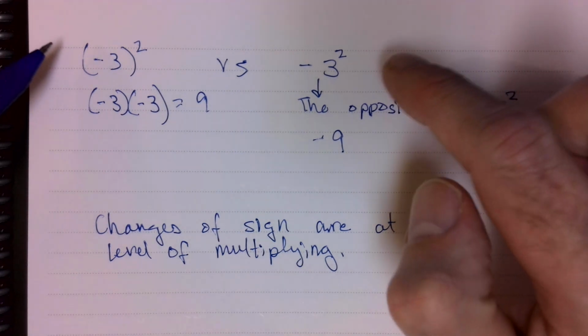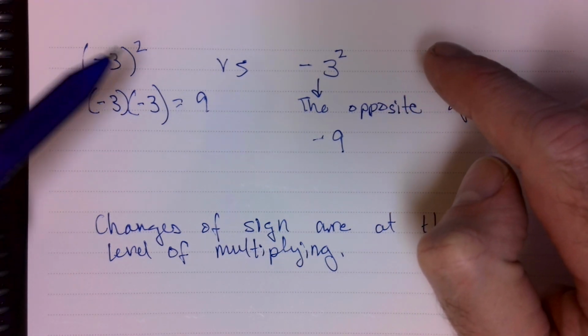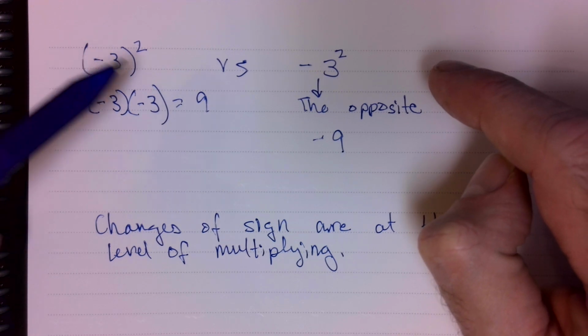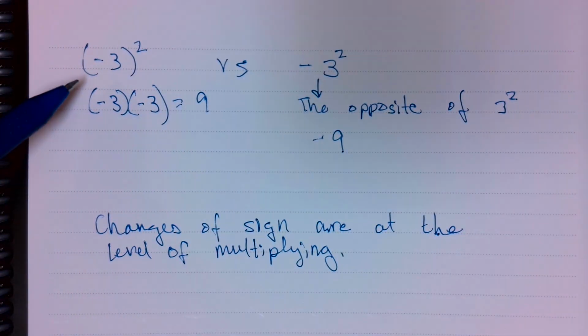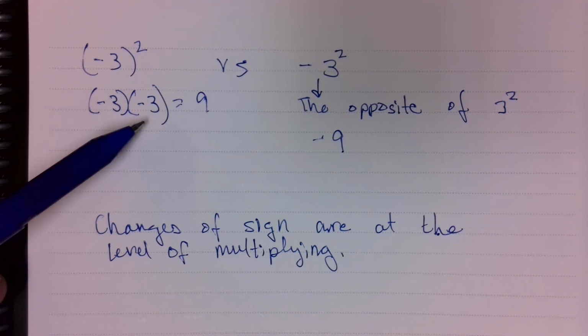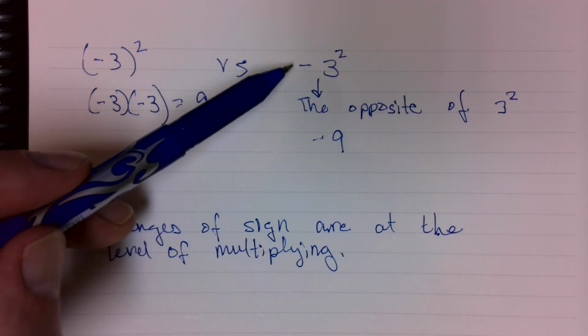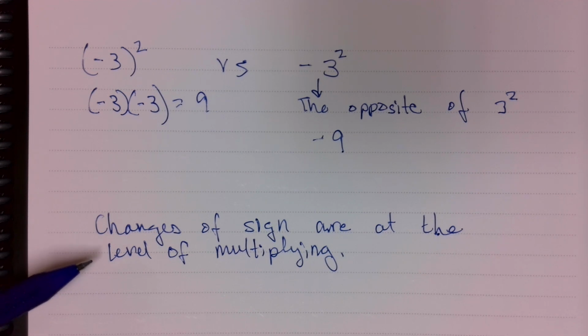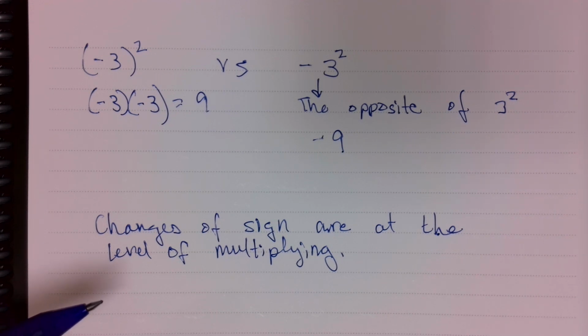They look very similar, so be on your toes when you're dealing with problems that look like this. If you have this type of scenario, it's telling you to take this negative 3 and raise that to the second power. So we get negative times negative for a positive. Over here, you're doing the power first, then the multiplying, because changes of signs are at the level of multiplying. So the exponent would be done before the sign change.